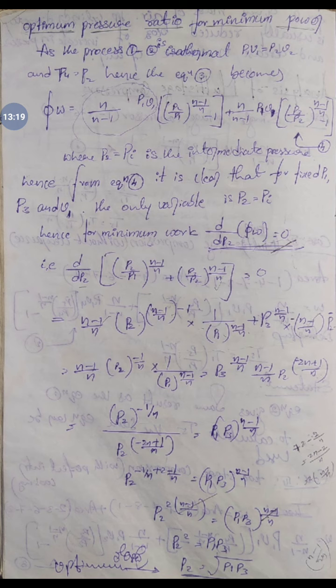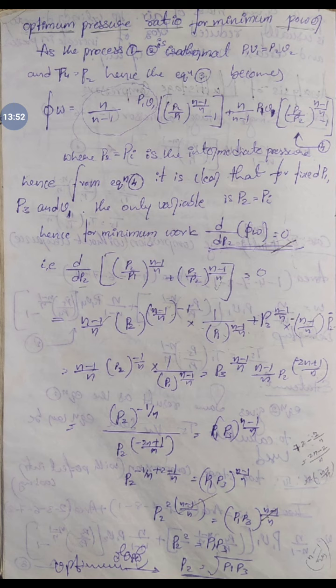Now by differentiating the above equation, we will get (n-1)/n P2^((n-1)/n - 1) into 1 by P1^((n-1)/n), plus P3^((n-1)/n) into minus of (n-1)/n into P2 to the power of minus of (n-1)/n minus 1, is equal to 0.